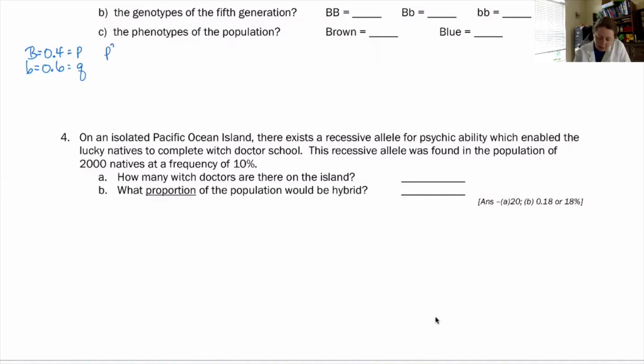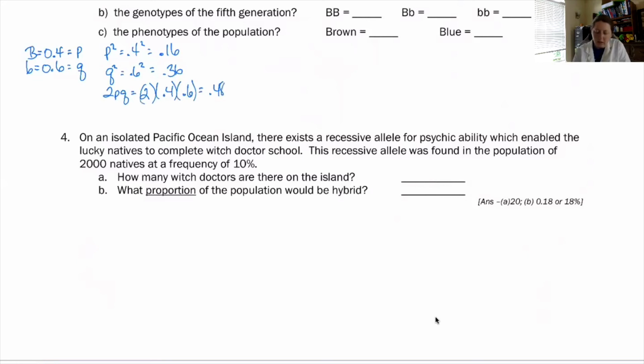So P squared is 0.4 squared, which is 0.16. Q squared equals 0.6 squared, so that is 0.36. Okay, so then 2PQ, so 2 times 0.4 times 0.6 is 0.48.